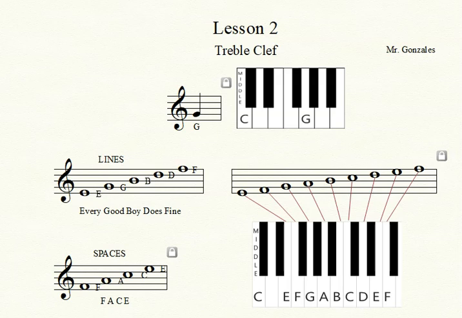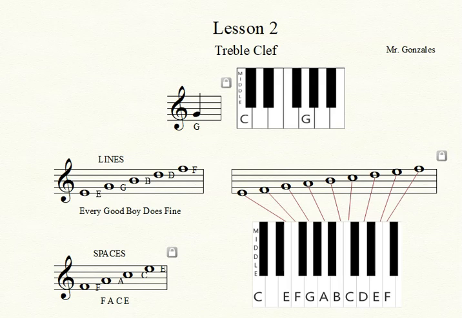The treble clef, or G clef, has evolved from a stylized letter G. Here is what a treble clef looks like, and if we follow from right here down and around this bend, we can see that this almost looks like the letter G. The curl of the treble clef circles the line on which the note G is placed.